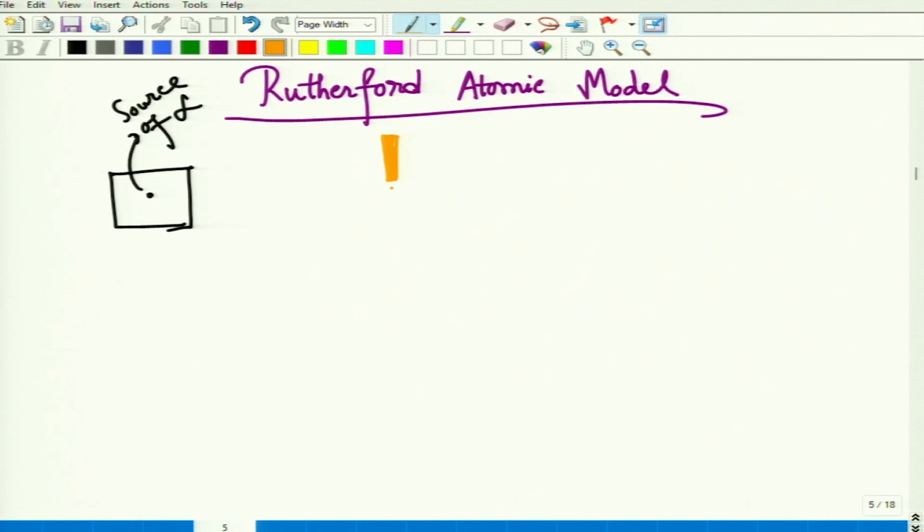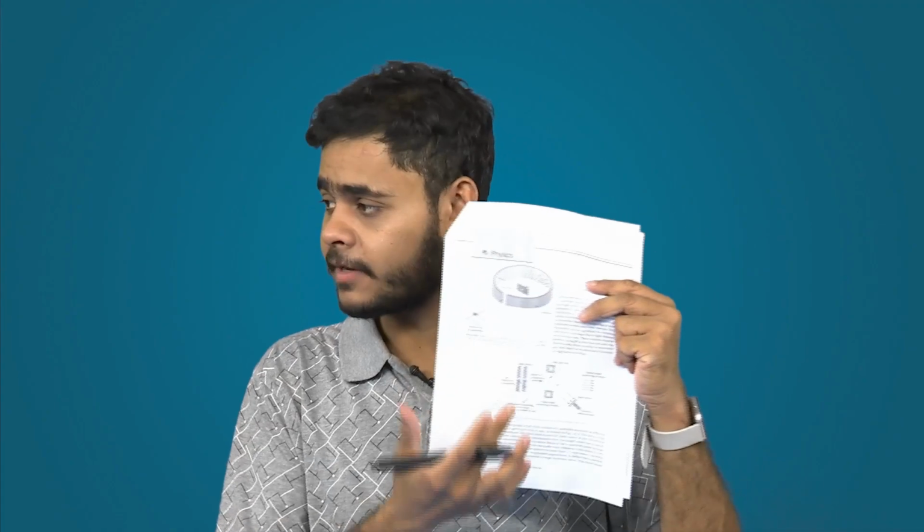This is some beam splitter type setup. This is a very thin, narrow hole.